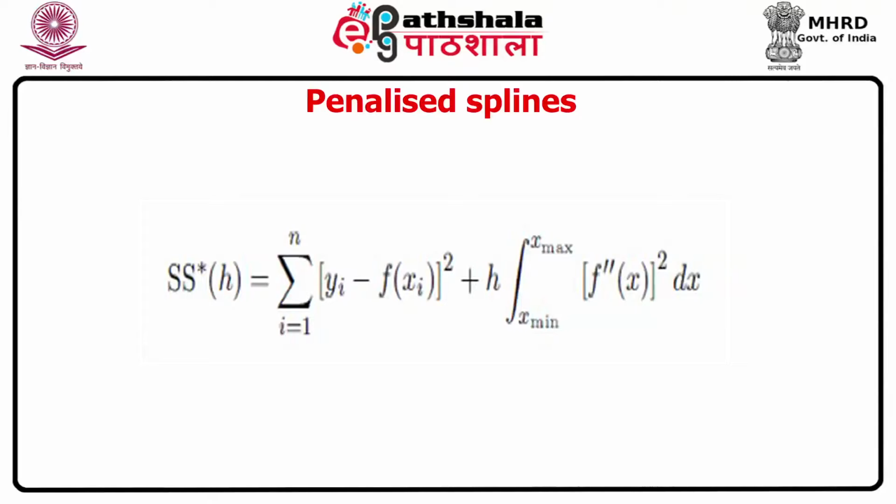If h is large, then more importance is given to the roughness penalty than to the least squares, which means that we will get answers which are very smooth, answers which will minimize the roughness penalty. If h is small, then the roughness penalty will not really matter, and we will tend to get answers which minimize the least squares criterion, and these will be more rough.